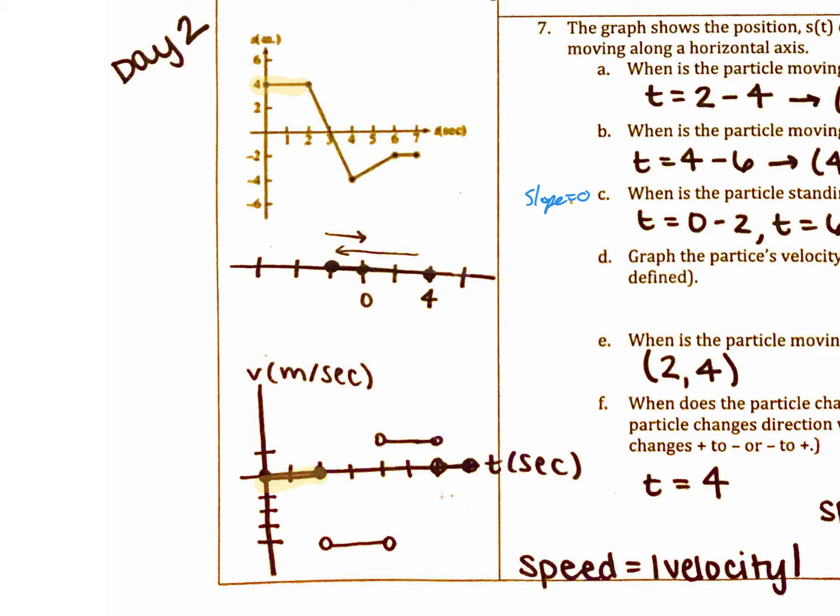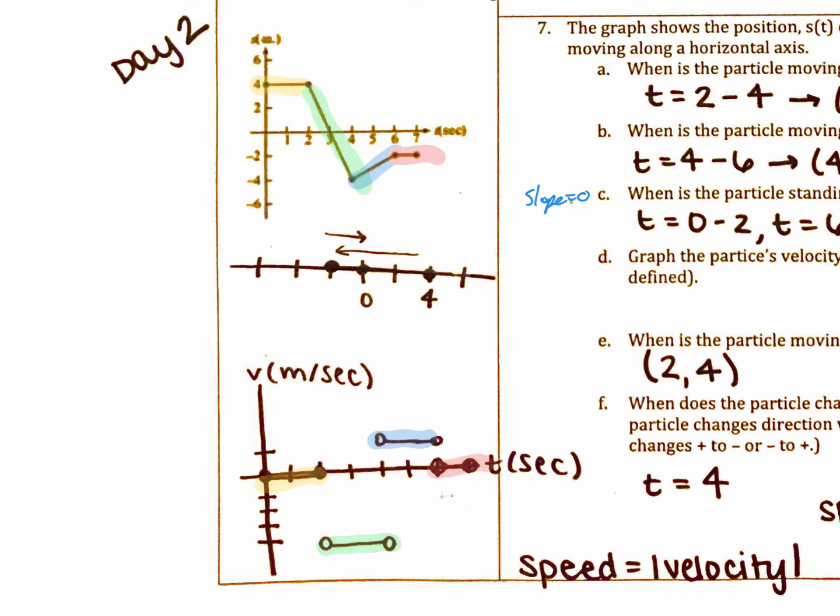Then it looks like from seconds 2 through 4, we are going downhill, and our slope would be -4, because we're going down 4 over 1 is our slope there. And then we are going uphill, so we're increasing, we're moving forward, and the slope there would be 1, or up 2 over 2. And then we end with a constant velocity. Well, constant velocities have a velocity of 0.